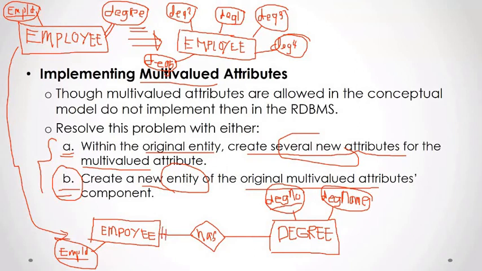So one employee can have one or more degrees. So this attribute becomes this. Regardless of whether your employee will only have 1 or may have 50, there's no need to modify the table. And of course, you don't have to modify your program. You only need to relate which employee will have which particular degree. Okay? So that's how you resolve multi-valued attributes.